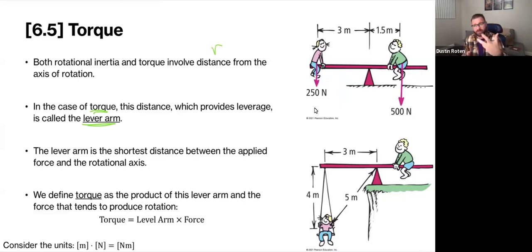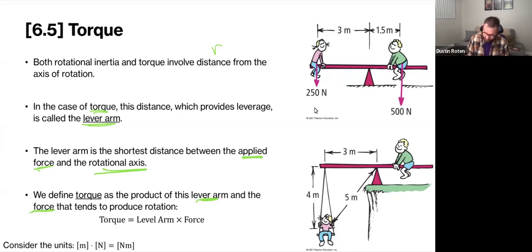We have to think about where the lever arm is on the seesaw and how we measure it. The lever arm is the shortest distance between the applied force and the rotational axis. For that reason, we can define torque as the product of the lever arm and the force.